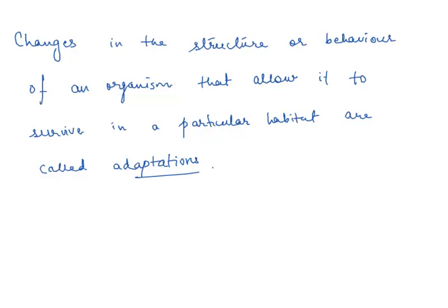So adaptations in organisms take place gradually, not in just a day, but over thousands of years. These changes take place over hundreds or thousands of years. So the changes in the structure or behavior of an organism that allow it to survive in a particular habitat are called adaptations.